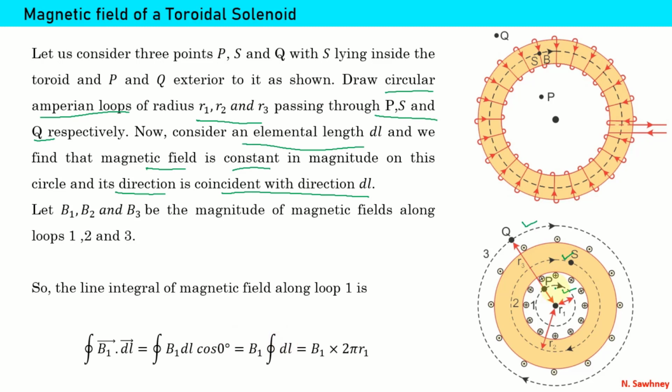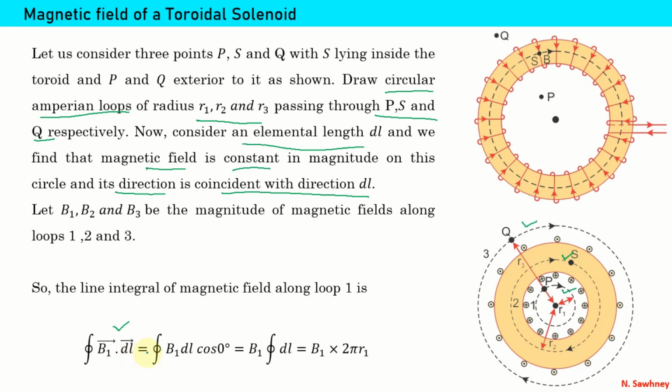Let us calculate the magnetic field due to loop 1. We are aware from Ampere's circuital law that the line integral of B dot dl will be equal to mu naught into the current enclosed by that loop. Let us apply it.